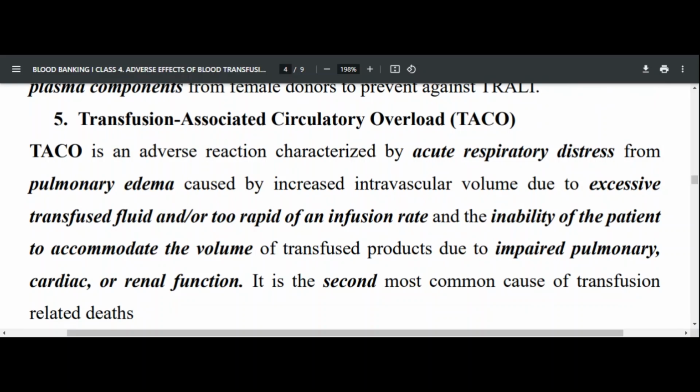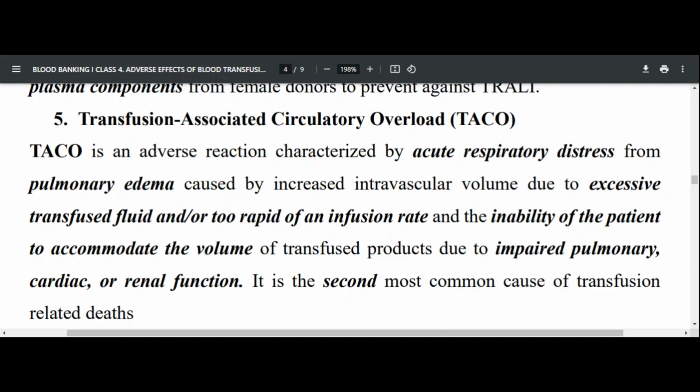TACO is another adverse reaction, which is characterized by acute respiratory distress. That is a respiratory distress problem from pulmonary edema, right? It is caused by increased intravascular volume because of excessive transfused fluid or too rapid an infusion rate.